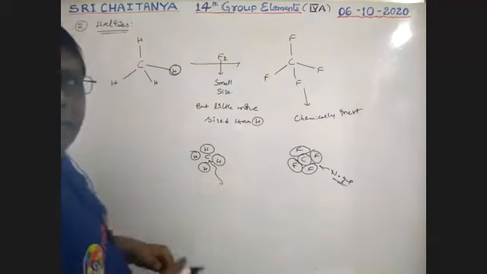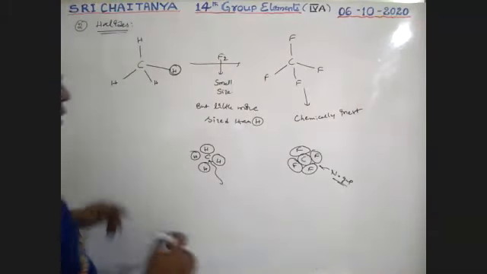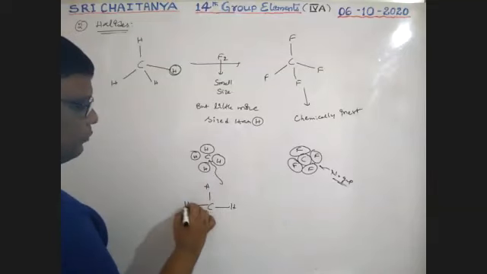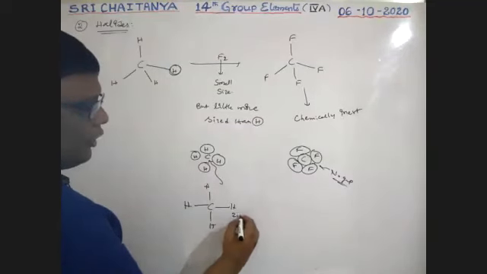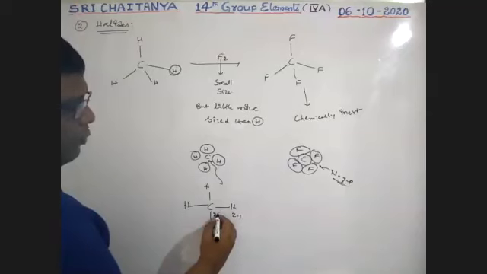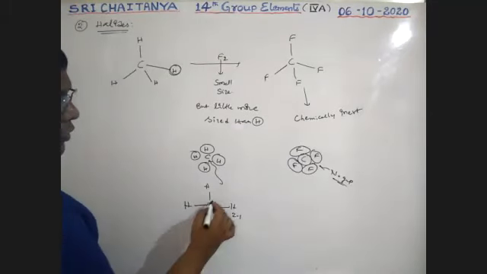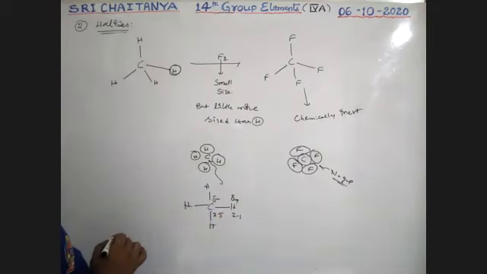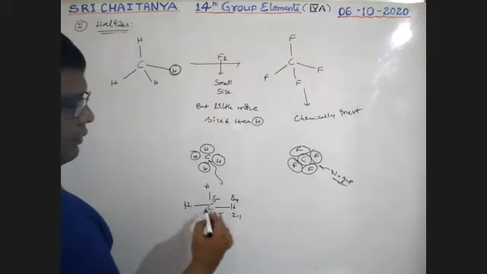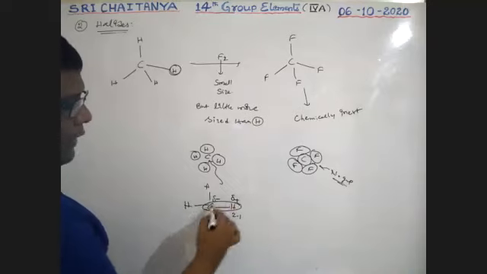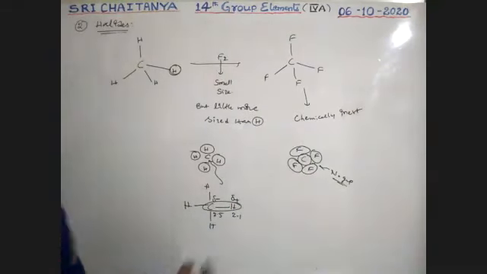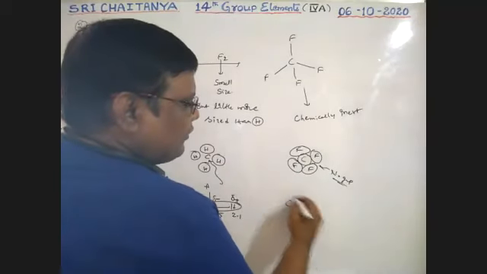At the same time, see here. In CH4, there is carbon with hydrogen bonds. Here hydrogen electronegativity 2.1, carbon 2.5. So this carbon gets negative charge, hydrogen gets positive charge. That means bond polarity: carbon gets negative, hydrogen gets positive. Next, CF4, carbon with fluorine.